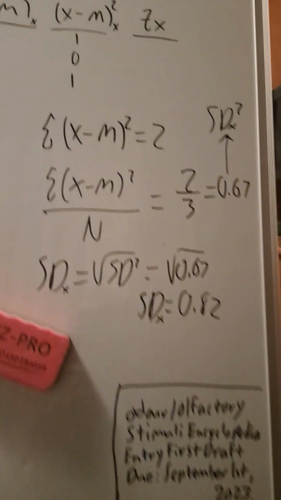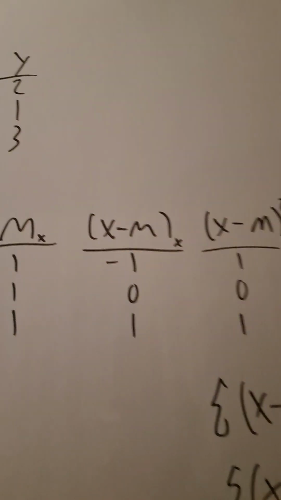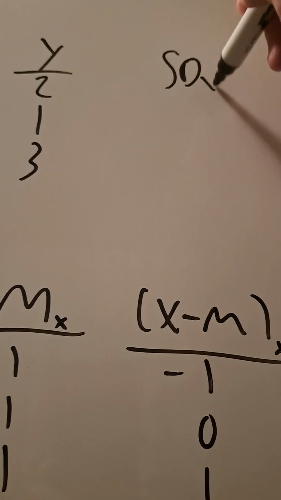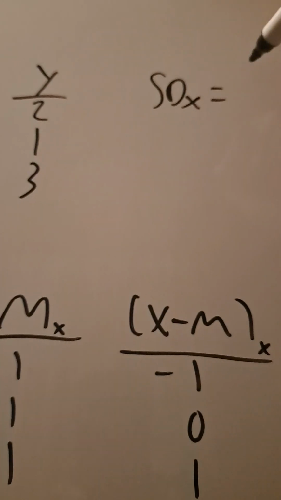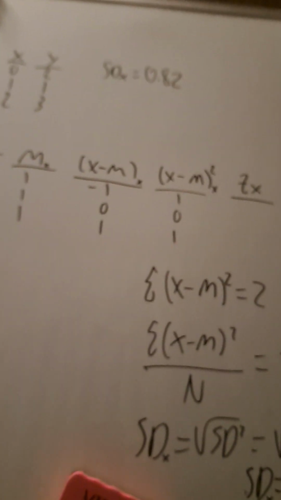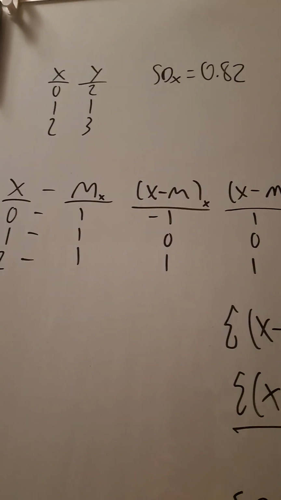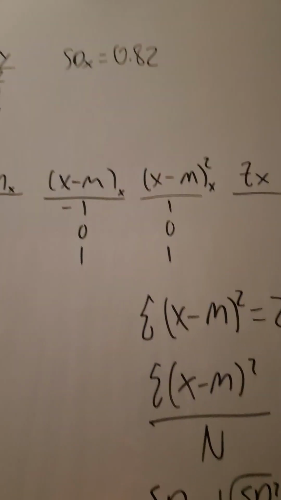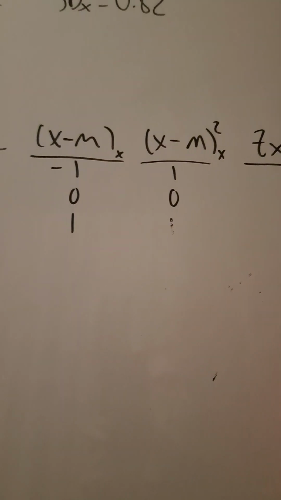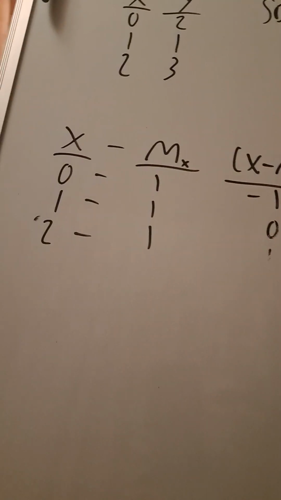And I'm going to write our standard deviation of x at the top so we don't forget it. Okay? And then I'm going to erase the calculations we've just done, get them out of the way. Again, feel free to pause while you're watching this, redo things, make sure you understand everything. So I'm just going to erase what we have here, all those calculations.